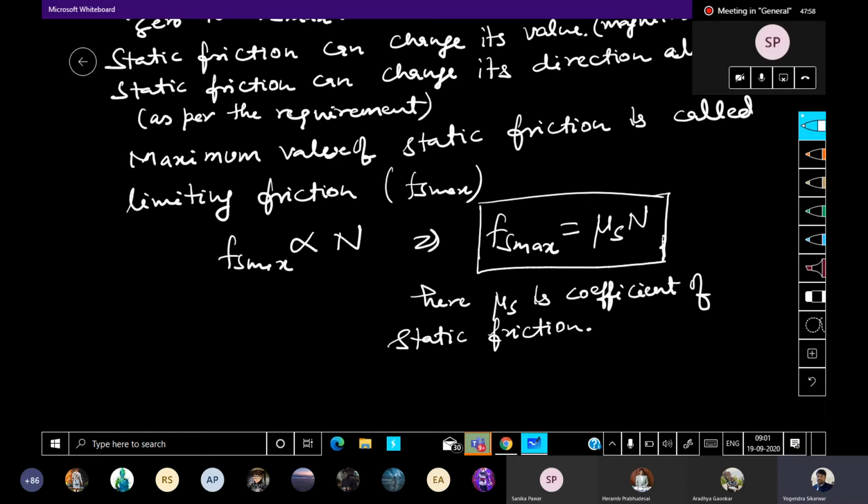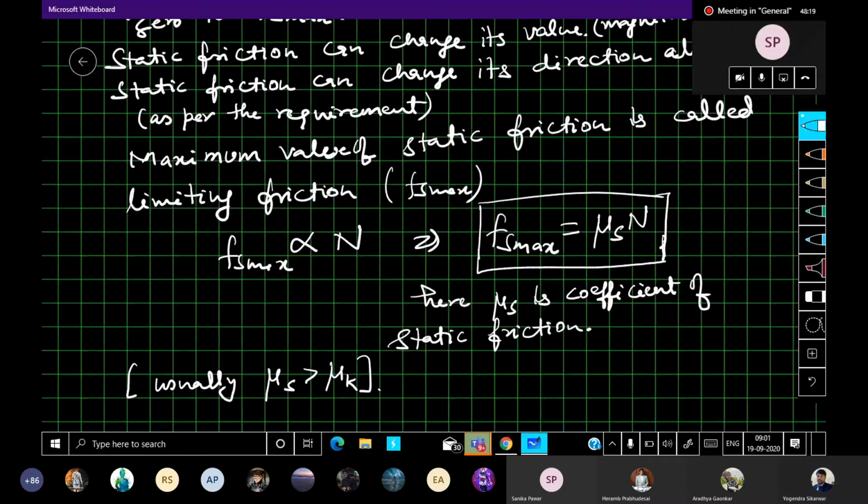Now let me tell you one fact. Usually mu S is greater than mu K. That means the coefficient of static friction is more than the coefficient of kinetic friction.